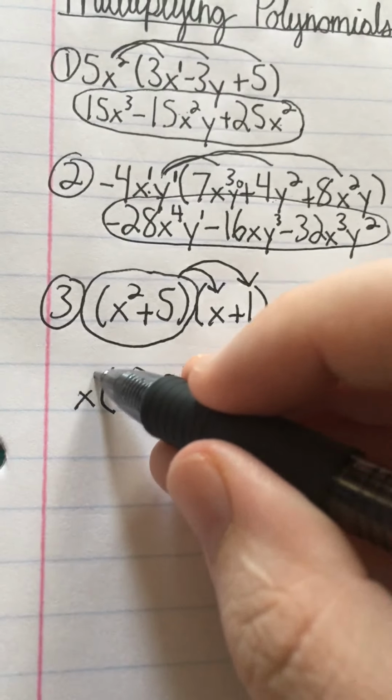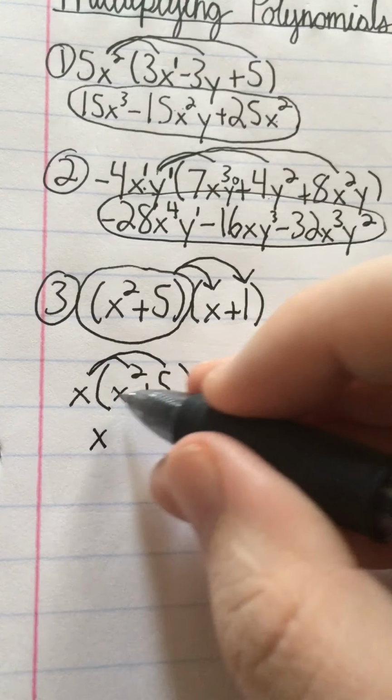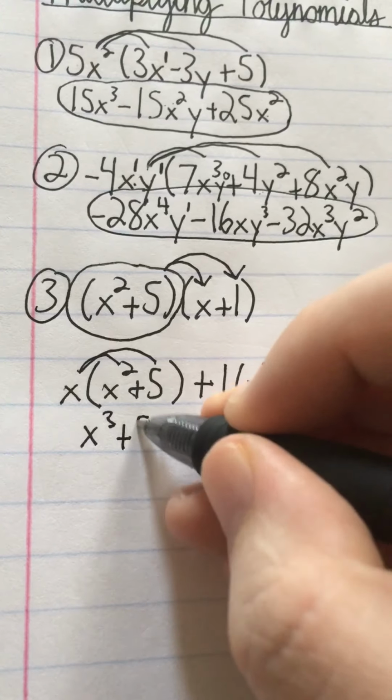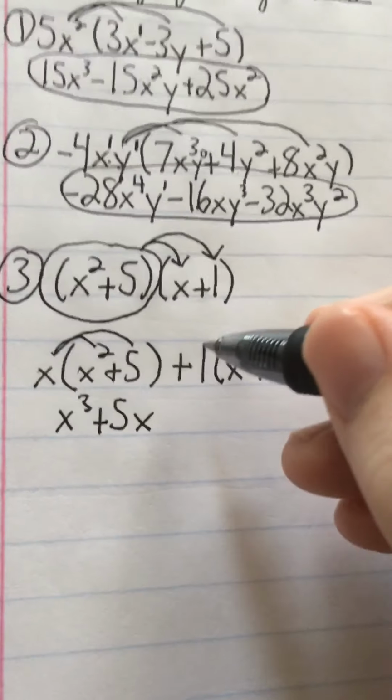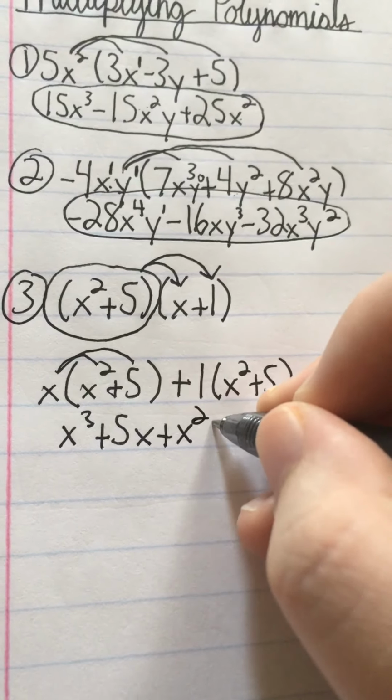So we're going to distribute this x, and we get x times x squared is x cubed, x times 5 is 5x, and then anything times 1 is itself, so we can just bring down the x squared plus 5.